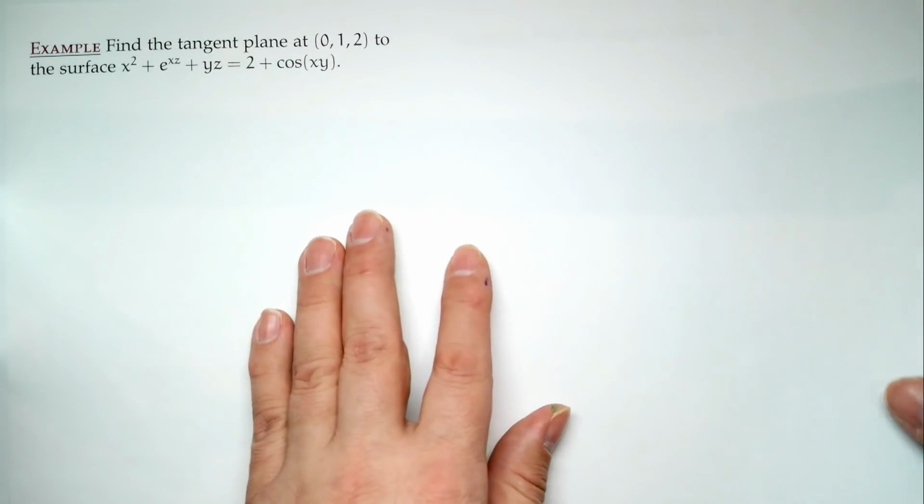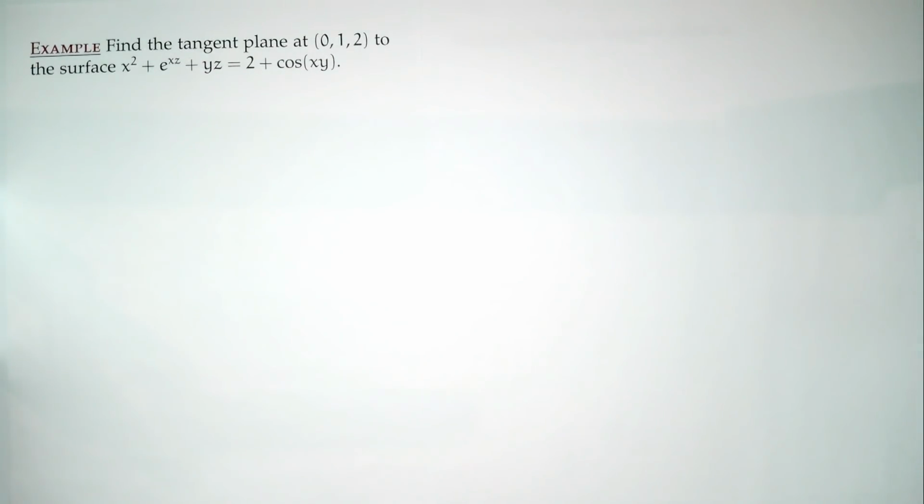Find the tangent plane at the point 0, 1, 2 to the surface x squared plus e to the xz plus yz is equal to 2 plus cosine of x times y. So this is a surface. There is some surface out there which consists of all the points which satisfy this relationship.